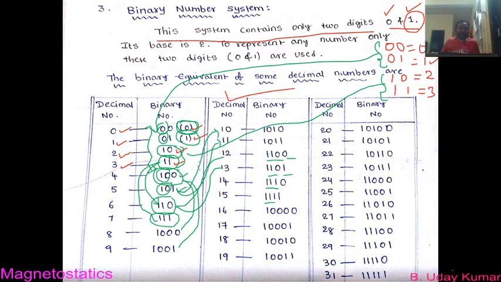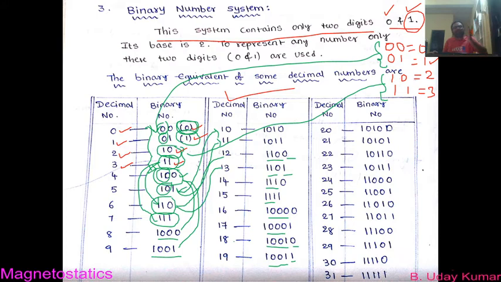And the next number will be 1 0 0 0 1 0 0 0 and 1 0 0 1. The possible combinations are 0 and 1, and like that this chain process continues.